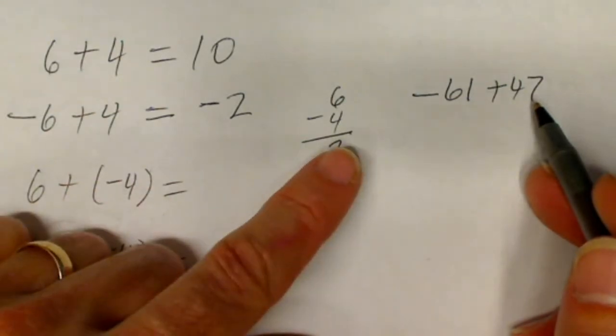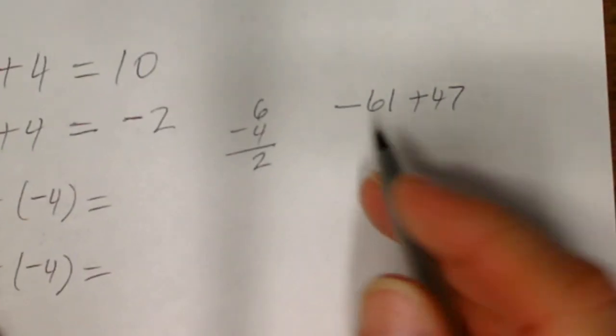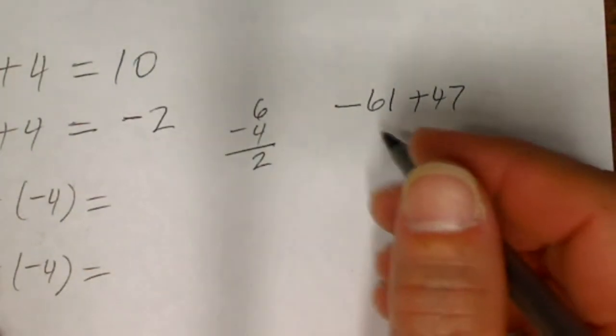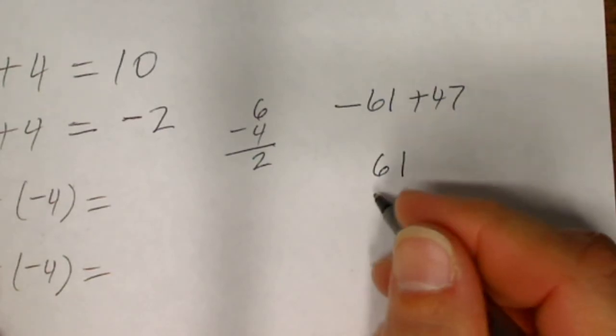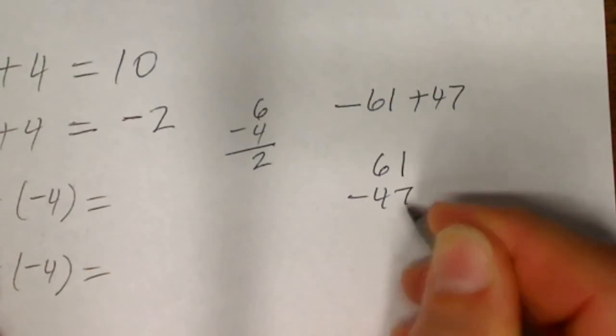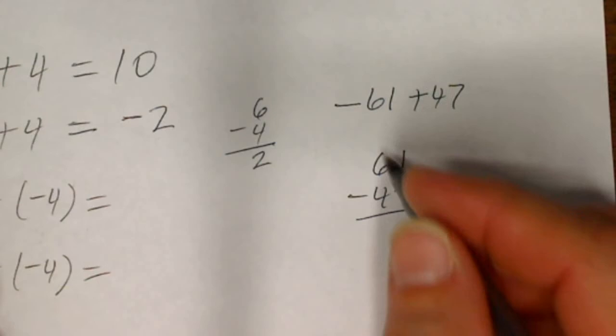What will the negative answer be? You get it by subtracting the numbers. So we do negative 61 plus 47. We do this calculation by doing grade school subtraction. 61 minus 47. You always subtract the smaller number from the bigger one.